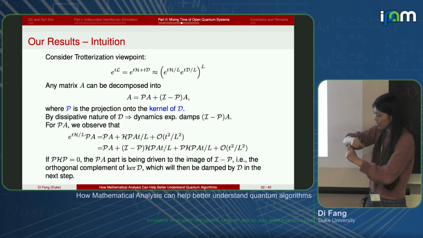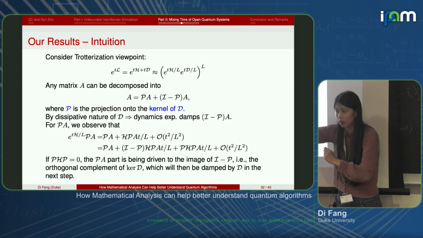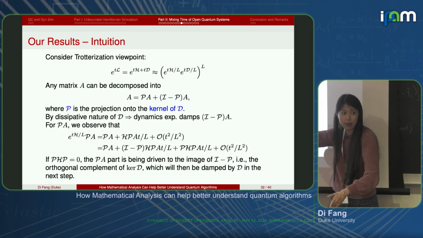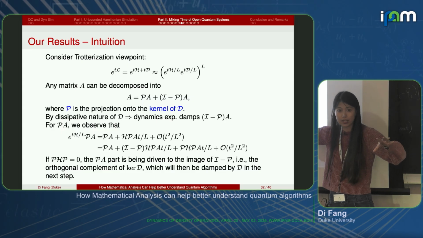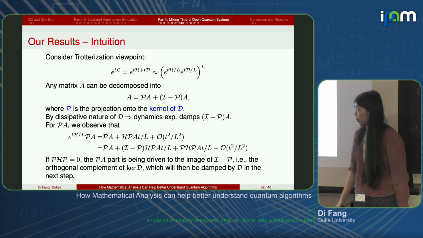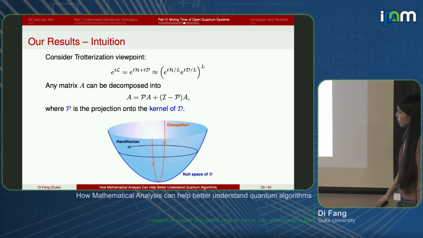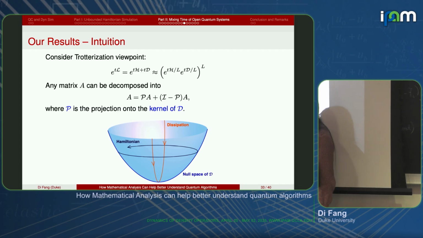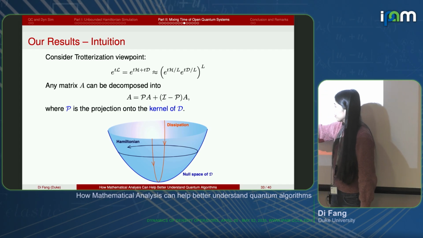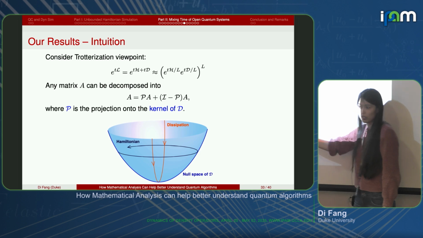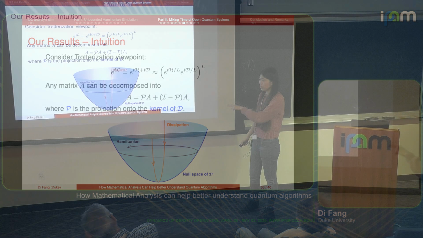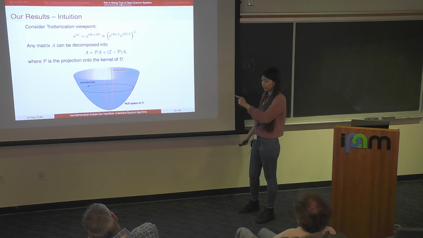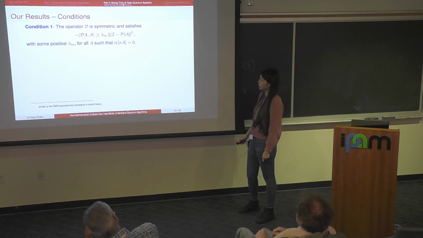In particular, if it stirs it outside of the kernel, then it will be damped at the next time step. So this is how you can treat the system sort of separately. Nevertheless, globally, you will get a global convergence result. So this is the idea: globally D is dissipative, and the Hamiltonian is going to stir it outside, so it gets dissipated next time. This is just intuition. This is not how you prove it. You should construct the Lyapunov functional to prove it.